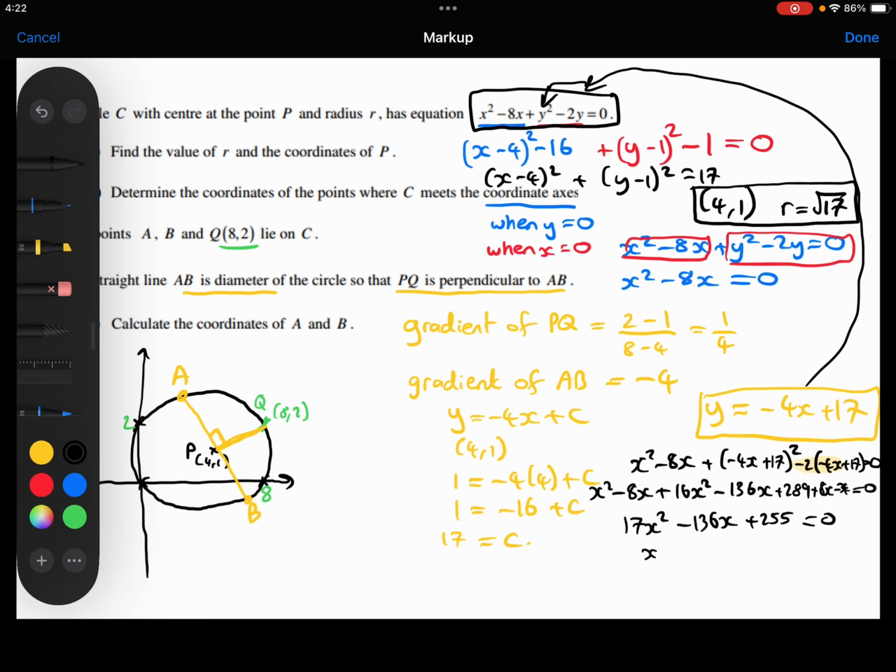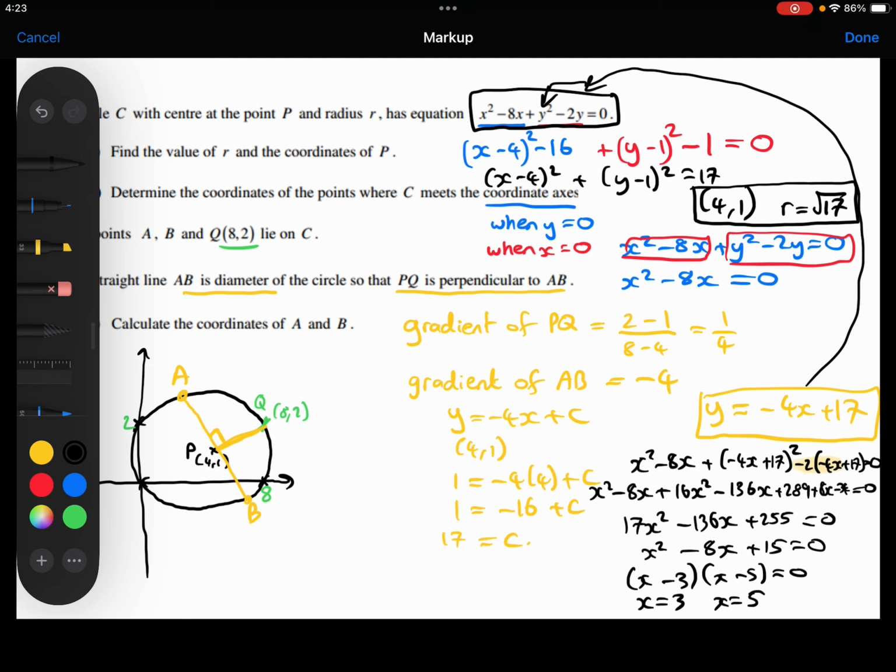All of these terms divide by 17 reasonably easily, which is going to allow me to factorise. So either x is equal to 3 or x is equal to 5.